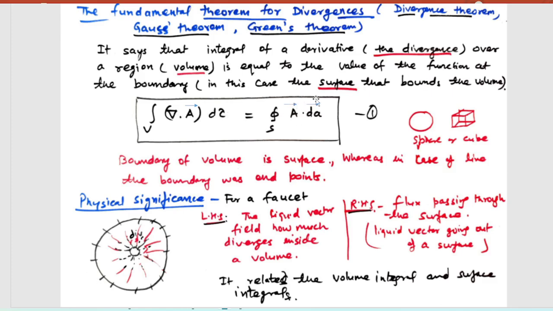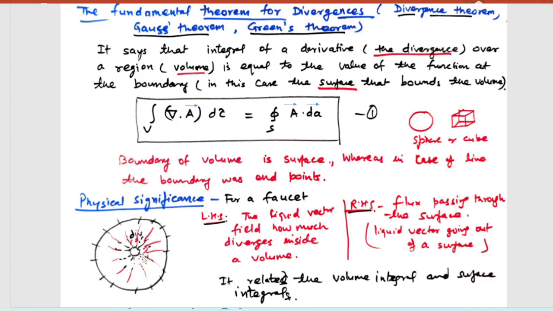Here the surface is the boundary of a volume, so it is the surface integral, the total flux, A dot dA. So it changes the volume integral into a surface integral.